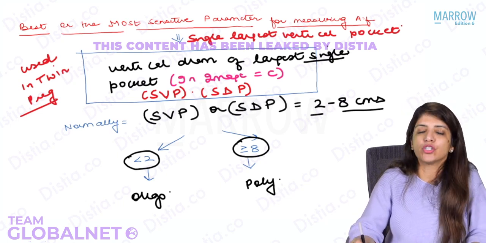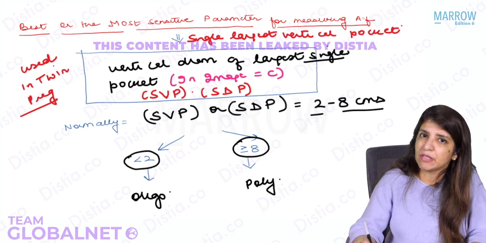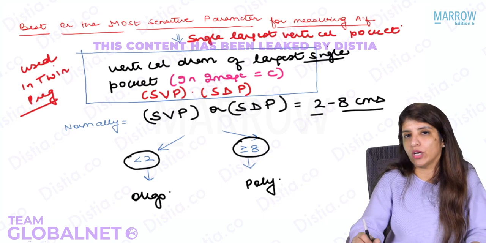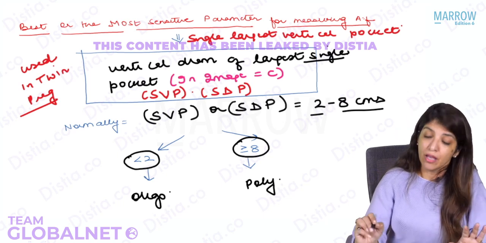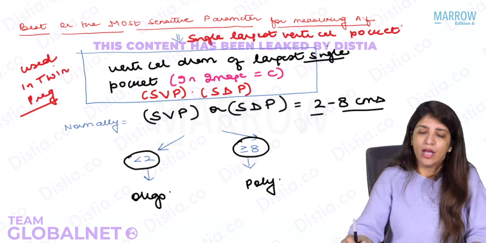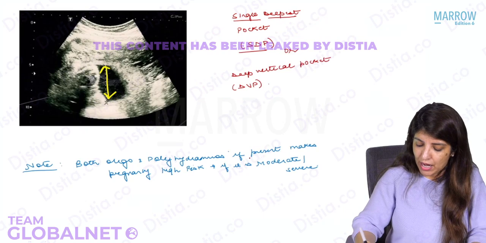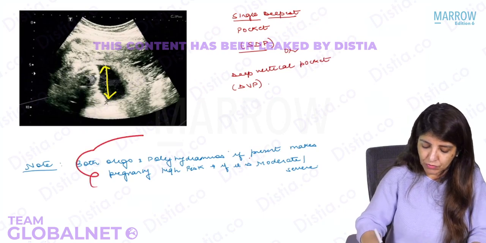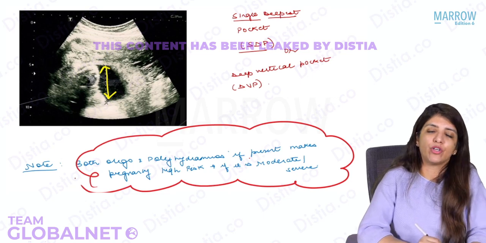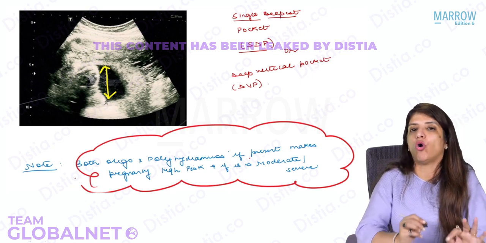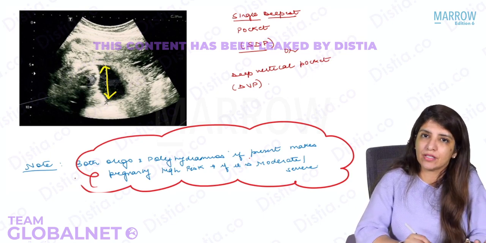Single vertical pocket, normally the diameter of the single vertical pocket is 2 to 8 centimeters. If it is less than 2, it is oligo. If it is more than or equal to 8, it is polyhydramnios. Remember, both oligo and polyhydramnios, whenever they are moderate or severe, that means that pregnancy is a high-risk pregnancy.